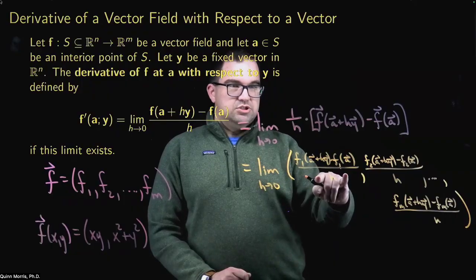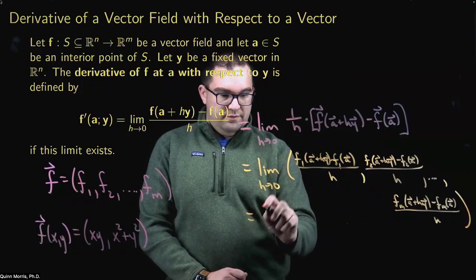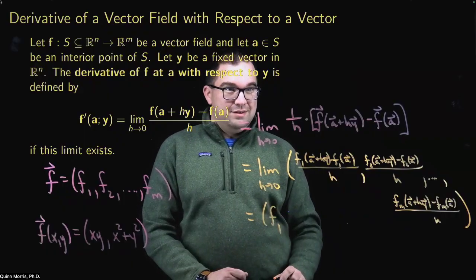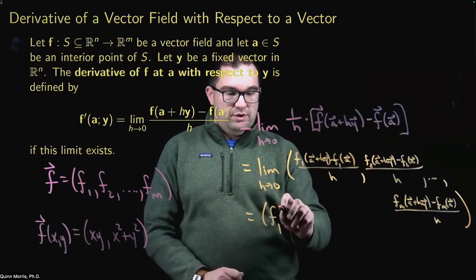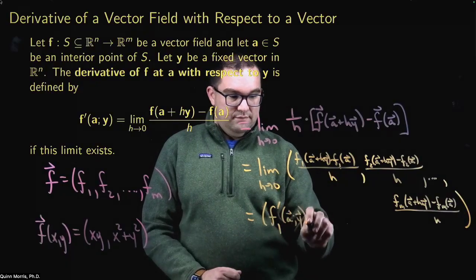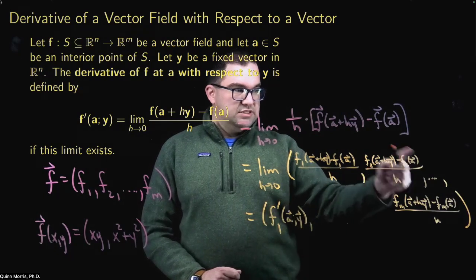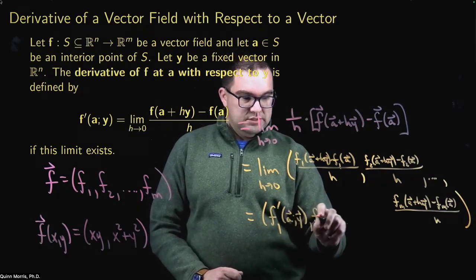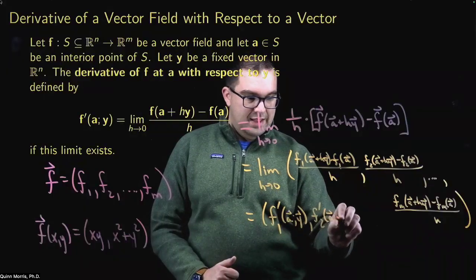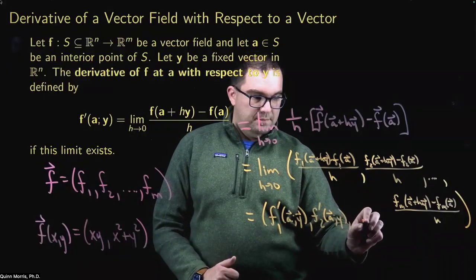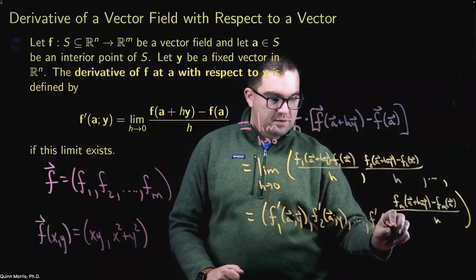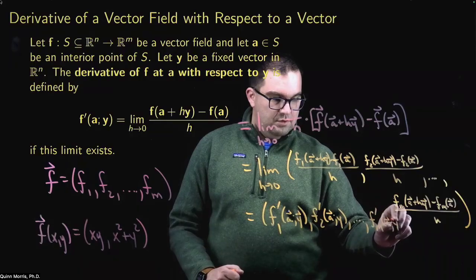Well, this is just going to be the derivative of the scalar field f1. It's just the derivative of the first component function at a with respect to y. As h goes to 0, this term approaches the derivative of the scalar field f2 at a with respect to y. All the way up to the derivative of fm at a with respect to y.